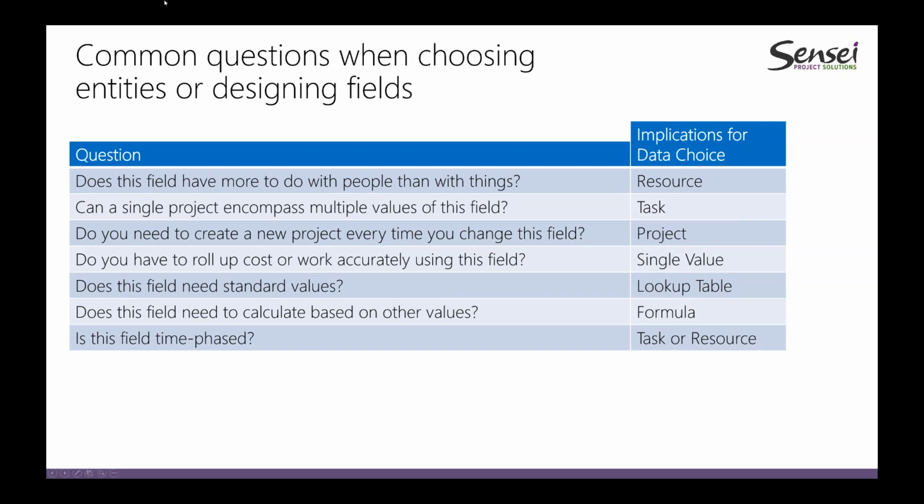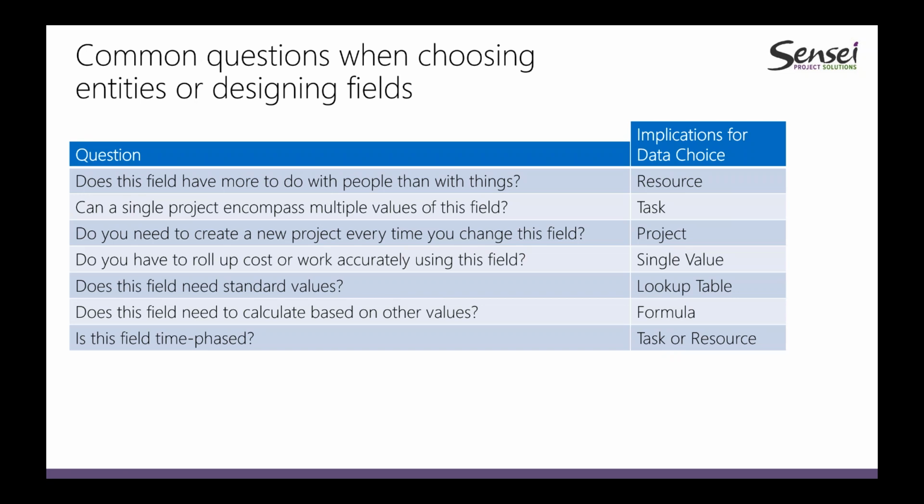Like, for example, do you have to roll up cost or work accurately? Well, in that case, you need to use a single value field. It cannot be a multiple value field because then you won't be able to allocate that across the multiple values. You want to be able to use your sum and your average correctly. You can embed formulas in these fields, so if you need to calculate based on other values, you might build it off of a formula.